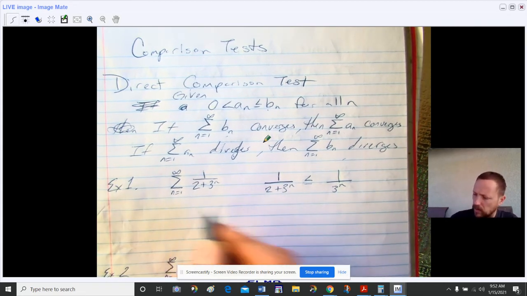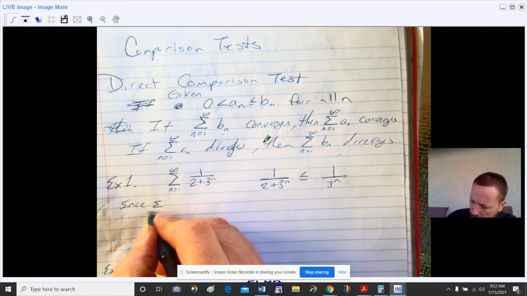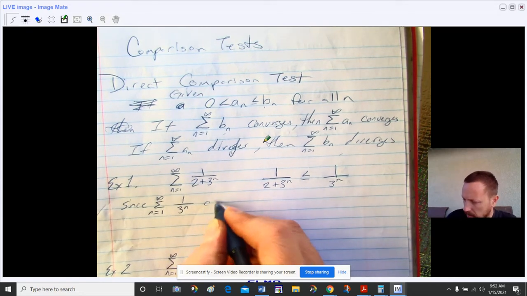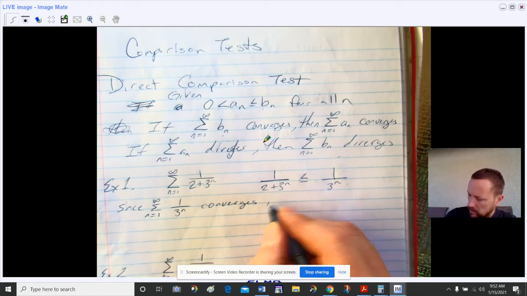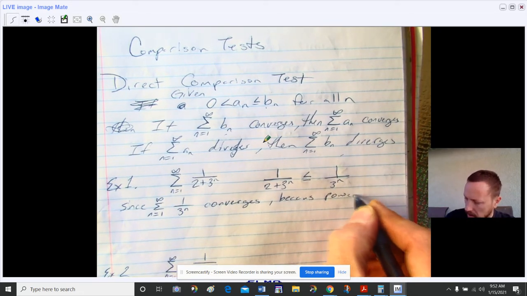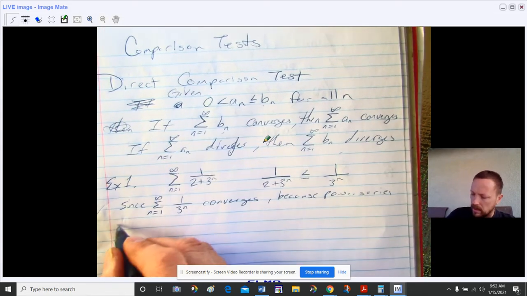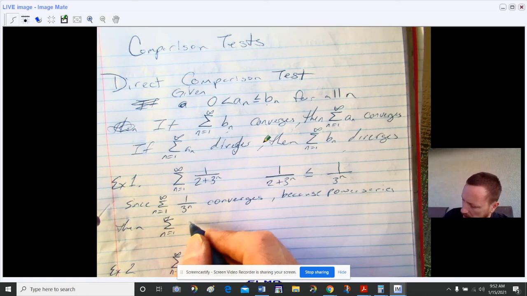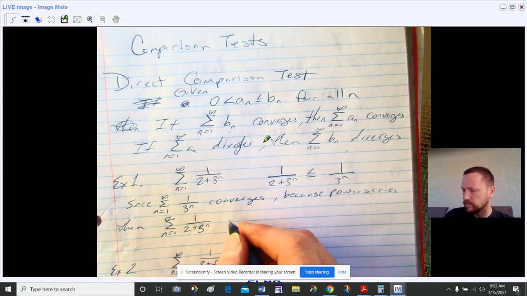Well, if that's the case, and we know that the sum of 1 over 3 to the n converges, because why? Because power series. Okay, so if we know that this converges because of the power series, then this also must converge. That's the idea.